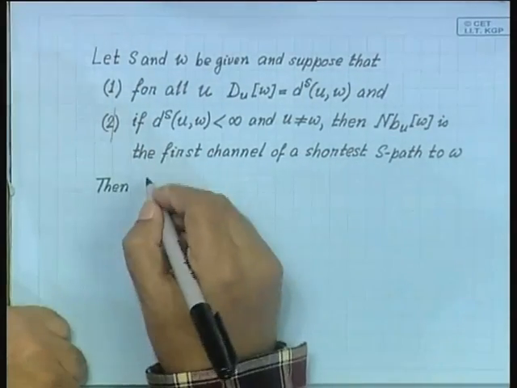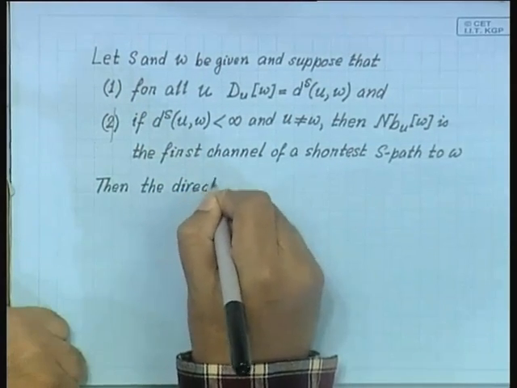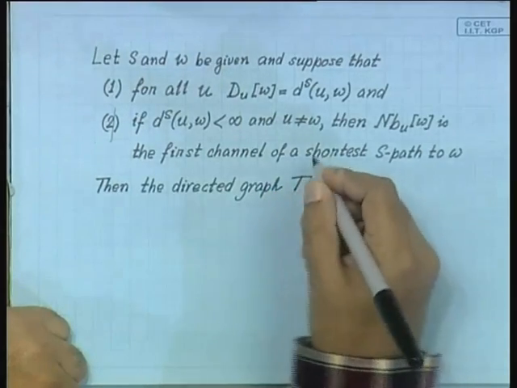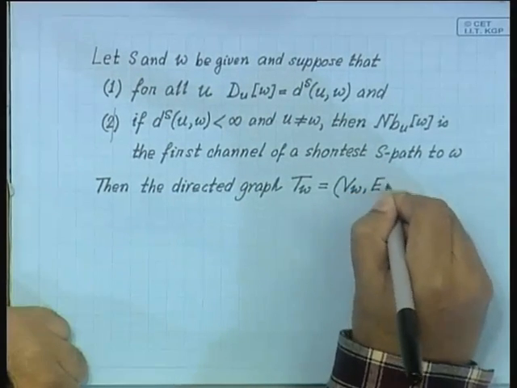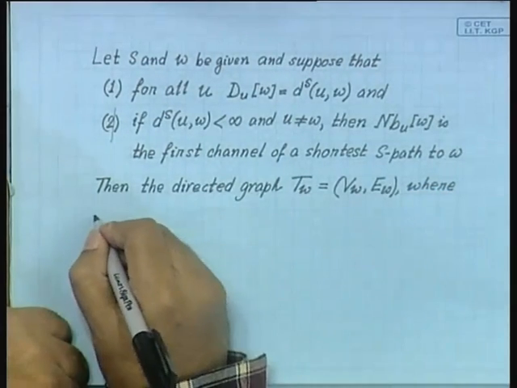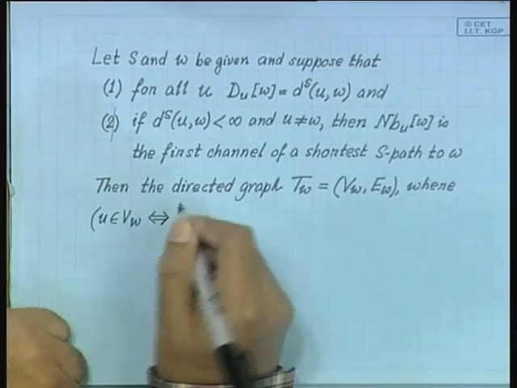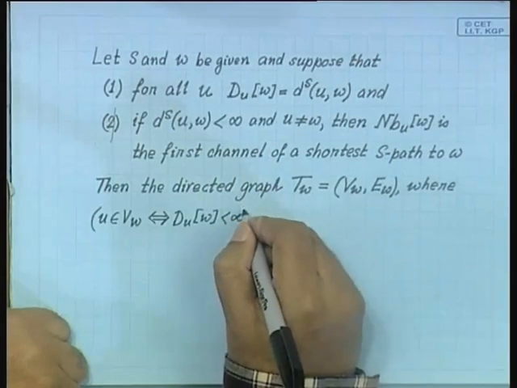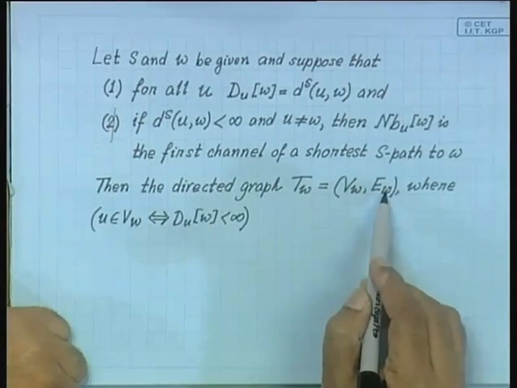Now, then what can we say? We say that then the directed graph TW equal to VW, EW, these are the vertices of the graph, these are the edges of the graph.